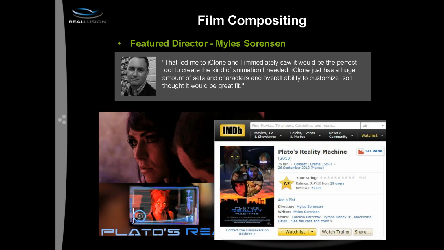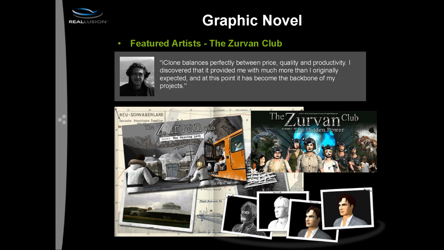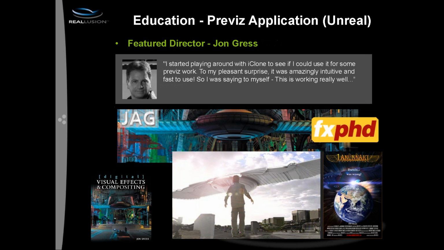This is Miles Sorensen, and one of our own, James Martin, did the animation for this movie. This is on IMDb, a 7.7 rating, so a very good result for that. And one of our best users, one of our highest quality users, Adolphe Navarro, he created the Zurban Club, basically a graphic novel, and you can take a look at our featured stories for that.